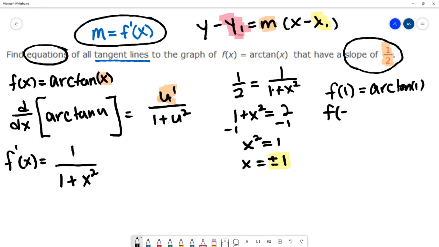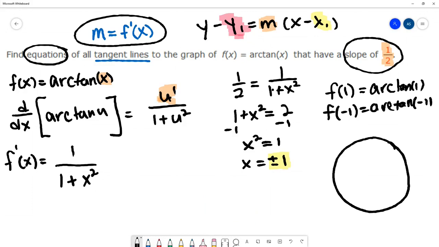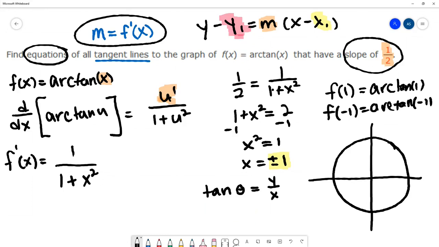And I need to find arctan of -1. So I need to think of my unit circle here. On my unit circle, I know that tangent of an angle is equal to y over x.